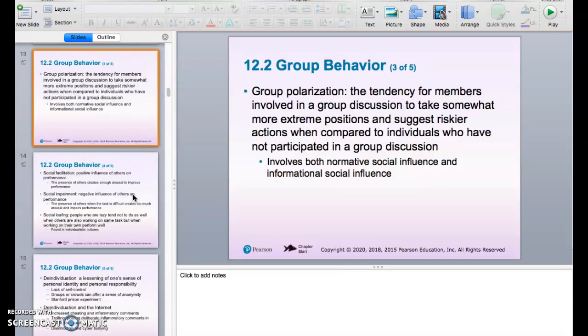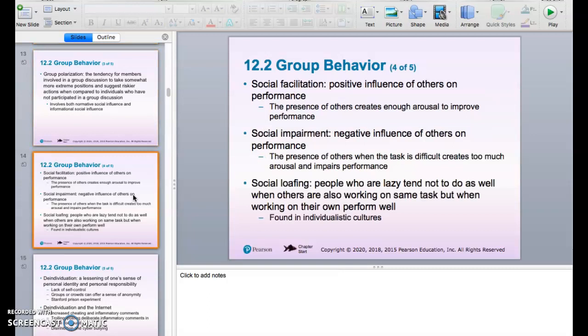So I'm going to just skip here. You'll see some videos I posted on social facilitation versus social loafing, which basically just deal with how we are influenced positively by others being around, and how we are influenced negatively. So positively would be social facilitation. Sometimes the presence of others improves our performance.